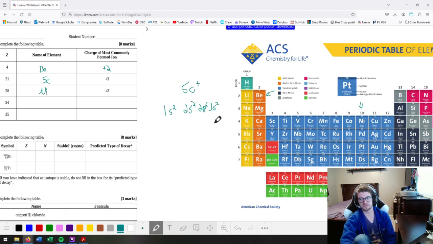So the reason that this is somewhat stable is that this 3s electron shell is full, and that it has 2 electrons in it is somewhat stabilizing. It's not great. It's much better energetically for scandium to be in the 3 plus oxidation state, because that's a noble gas configuration, whereas this is not. But it's still more stable than its neutral form.